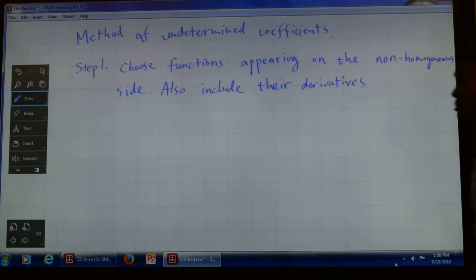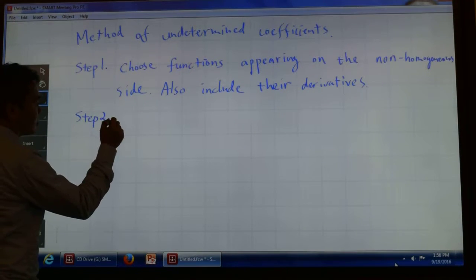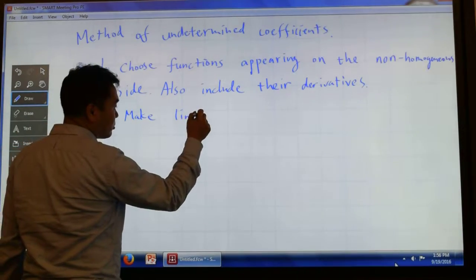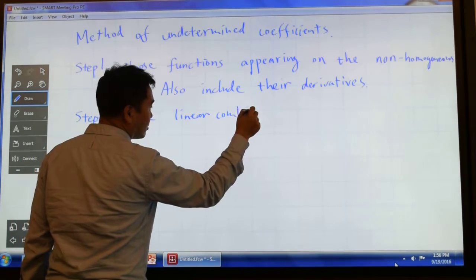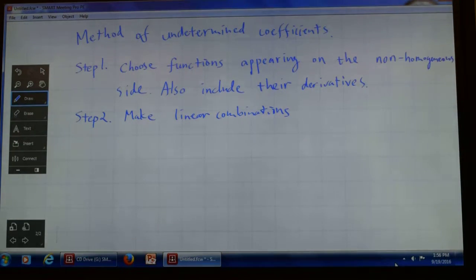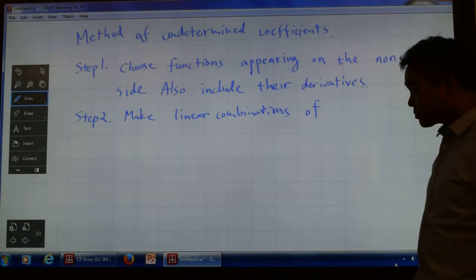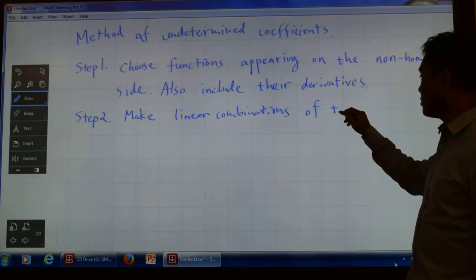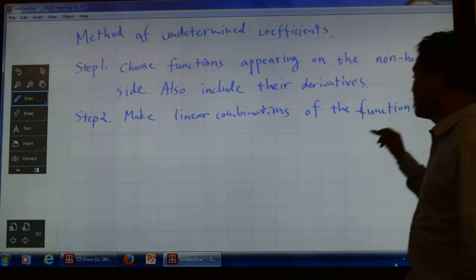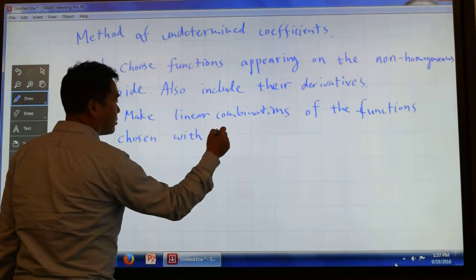And then when you have a bunch of functions, make step 2, make linear combinations of the functions chosen with undetermined coefficients.